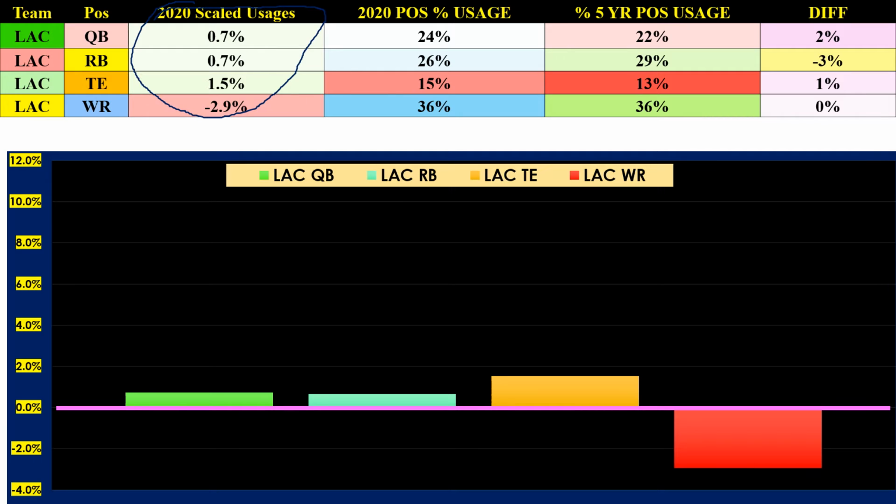So the Chargers had a problem with the wide receivers. Are they going to correct that this year? I don't know, but there certainly was an issue when we compare across the league.